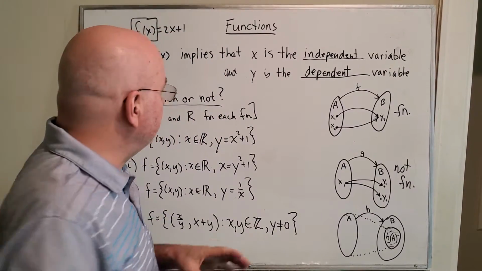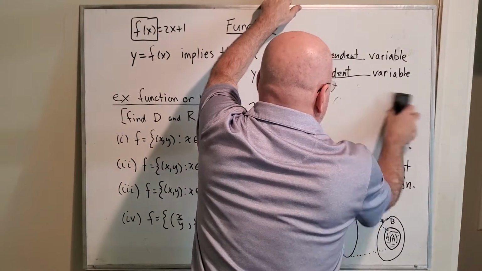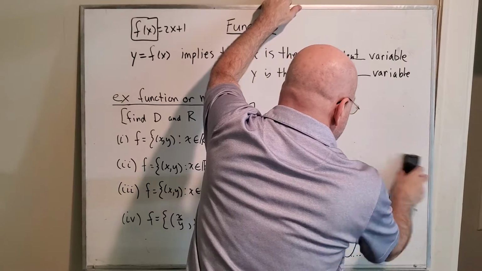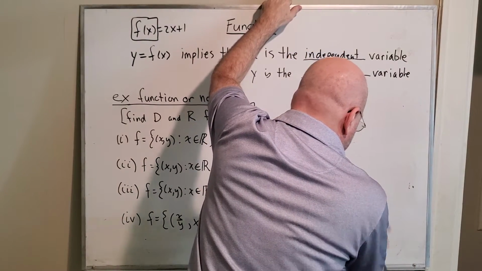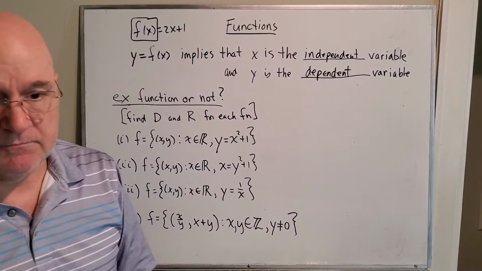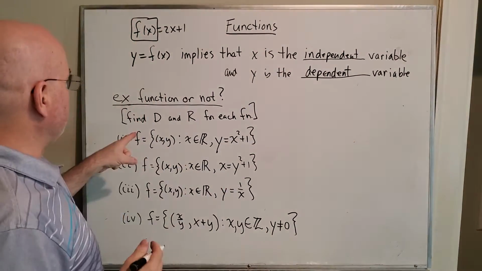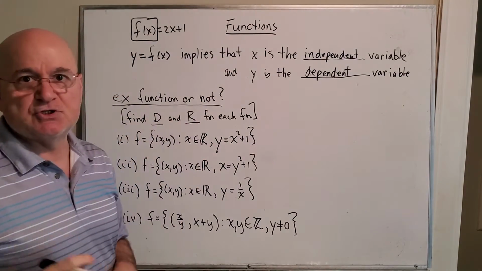Okay, I think I'm going to need a little bit of room, so I'm going to erase. We have 4 examples, and we need to determine which of the 4, if any, is a function. And if it is a function, find the domain and the range.